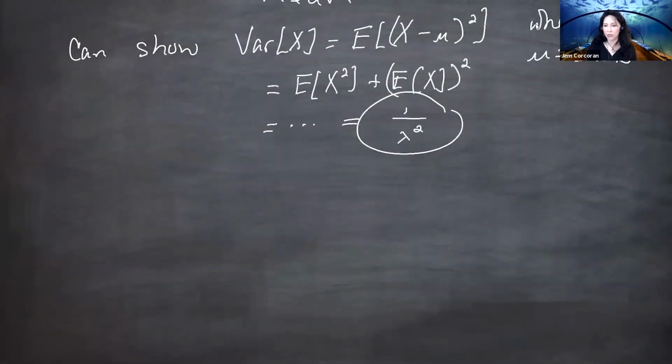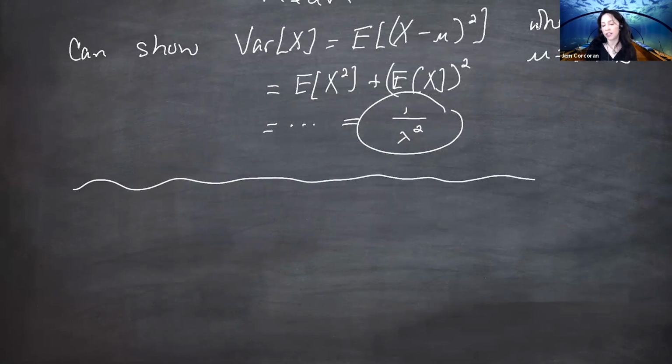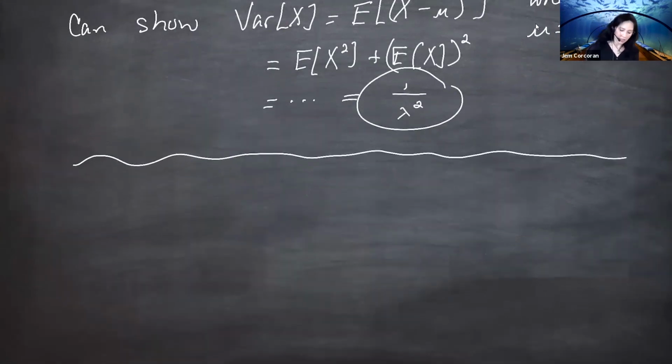Great. So I wanted to review other distributions that we're going to need, but since I have very little time left, let me talk about a very important property of the exponential distribution, and that is called the lack of memory or memoryless property.